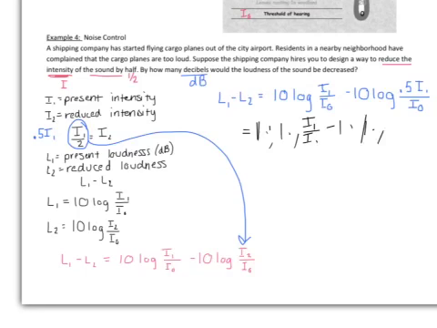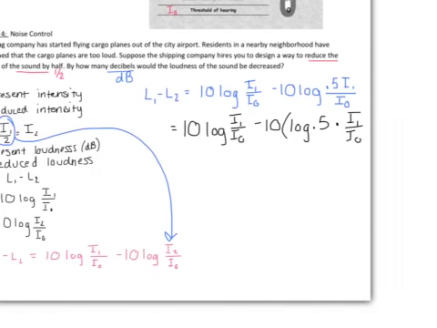Log of 0.5 times the I1 over I0. So I'm splitting up the 0.5 and then the whole I fraction. I want those to be different. Let me put that in parentheses if it's confusing. And this is a multiplication sign.